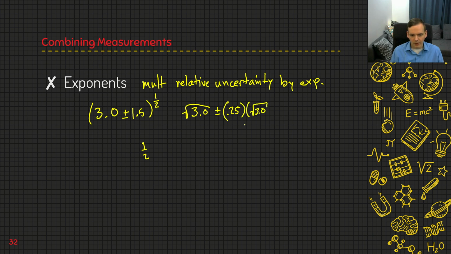I'll write this out and explain it. 1/2 times the relative uncertainty, which we said was 0.5, because 1.5 divided by 3 gives us 0.5. This gives us 0.25. That's still a relative uncertainty, so if I want to make it an absolute, I need to multiply by the measurement, which is the square root of 3.